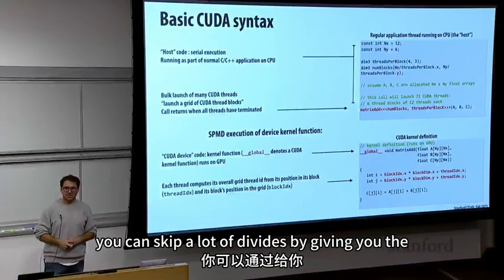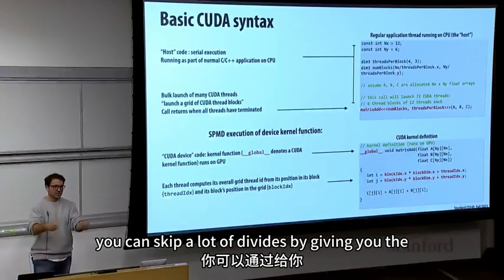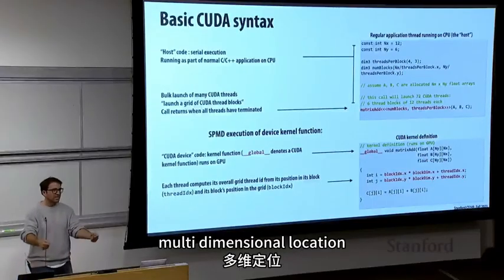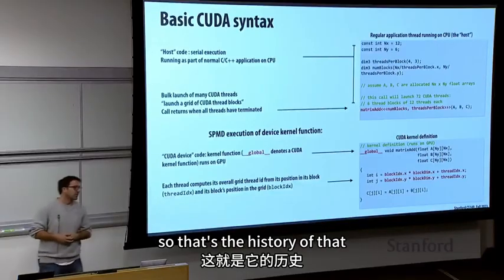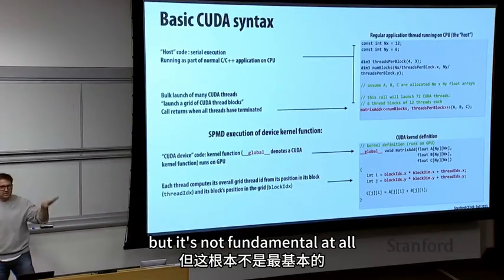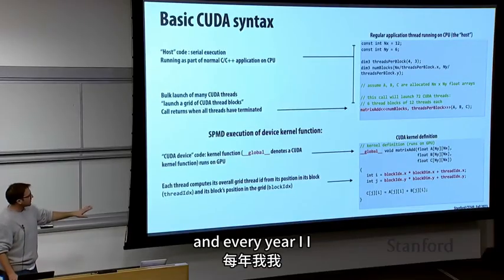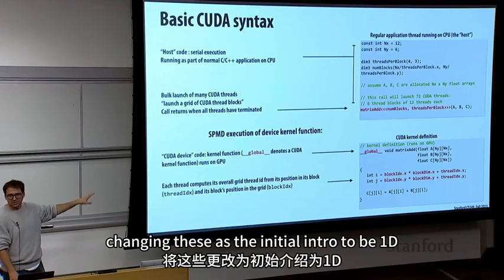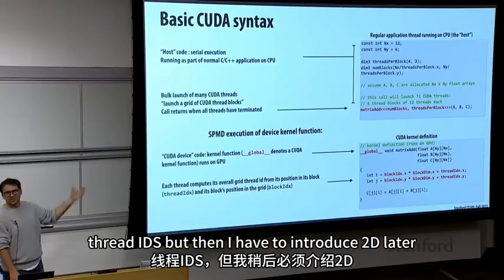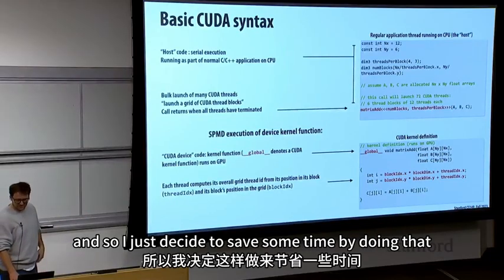So you can skip a lot of divides by being given the multi-dimensional location, and so you can compute your memory address more efficiently. So that's the history of that. But it's not fundamental at all. And every year I consider changing the initial intro to use 1D thread IDs, but then I have to introduce 2D later, and so I just decided to save some time by doing that.